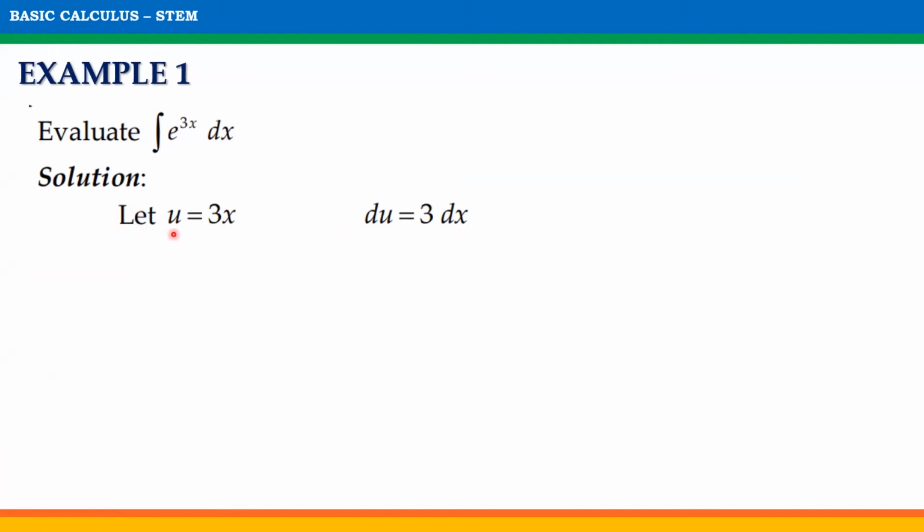Therefore, if u is equal to 3x, then du is equal to 3 dx. Looking at du equals 3 dx, when we divide both sides by 3, we get dx equals 1/3 du. Notice that we have dx here, so later on, using substitution, we will be substituting 1/3 du for dx.